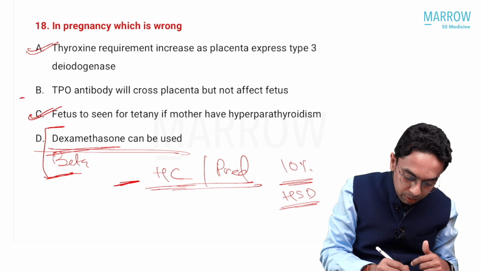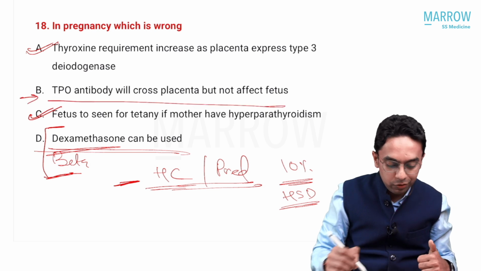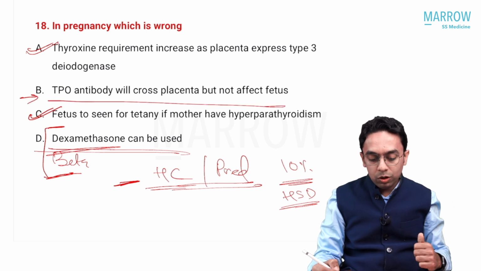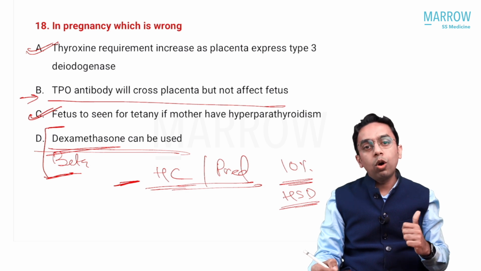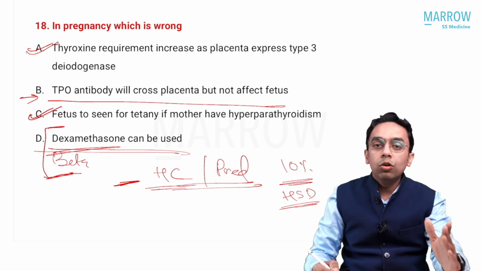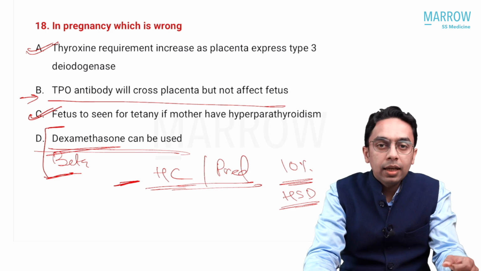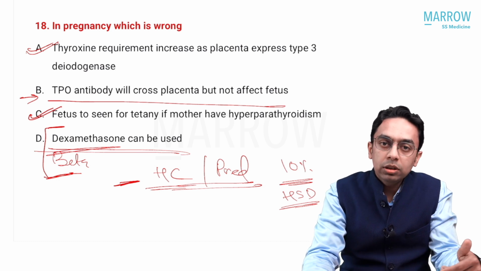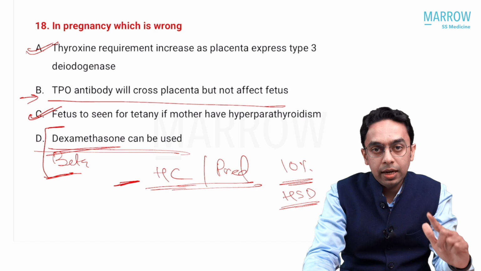Coming to option B, again this is also very controversial. TPO antibody will cross the placenta but will not affect the fetus. Most places you will find this line, that TPO antibody crosses and does not affect the fetus directly.